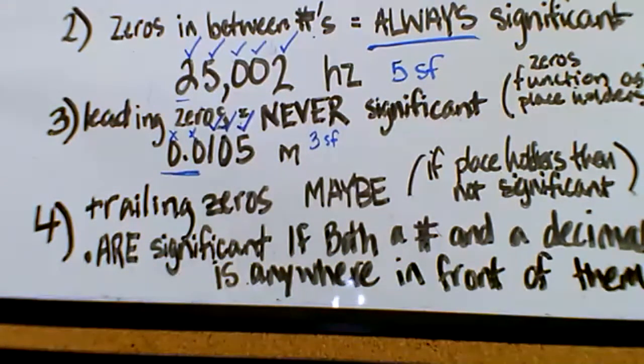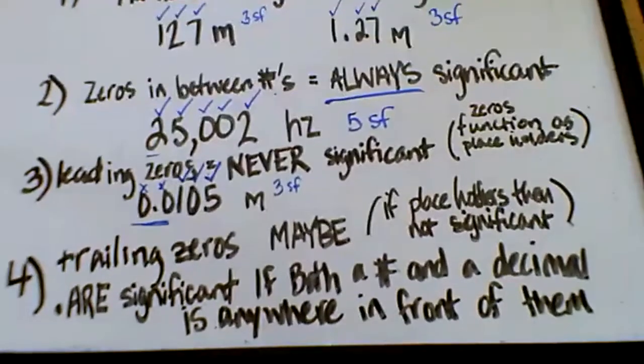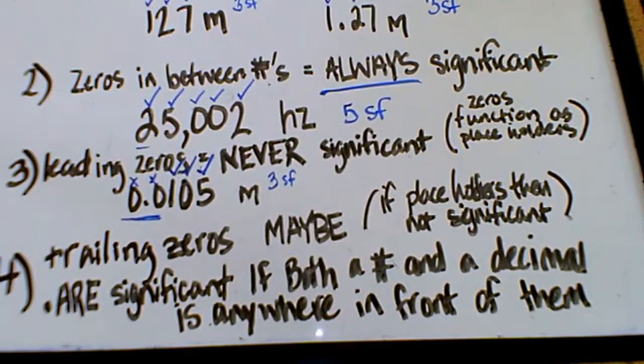We will see through an example that the trailing zeros are significant if both a number and a decimal is anywhere in front of the 0.